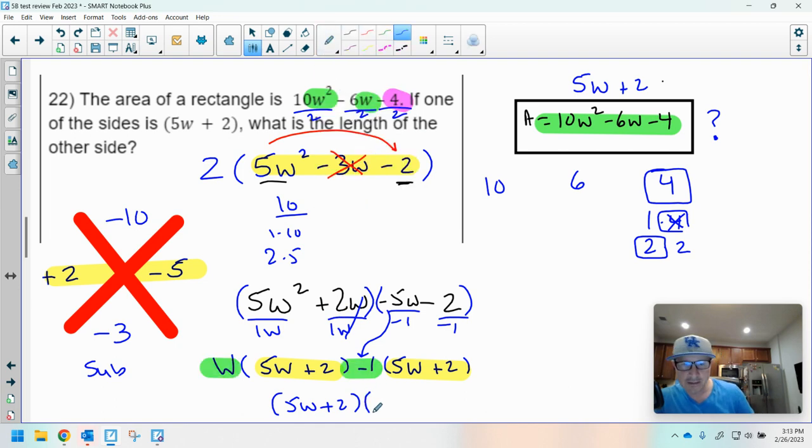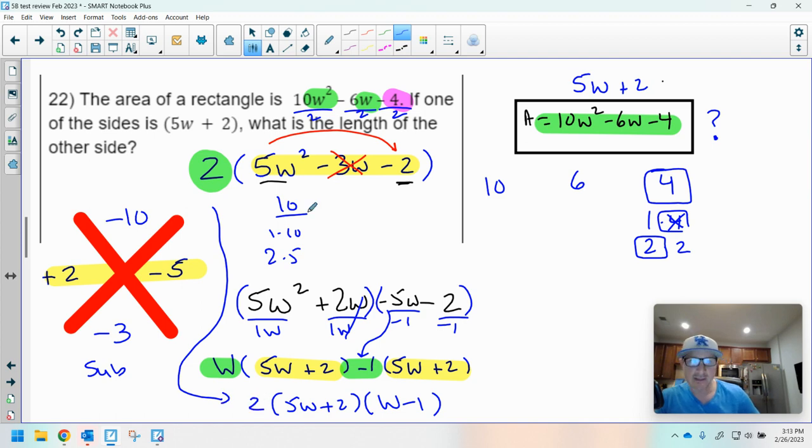You throw that in another parentheses, w minus 1. But there is something that has to go at the beginning because you did take out that GCF. This guy comes all the way down to the beginning. And that is your answer.